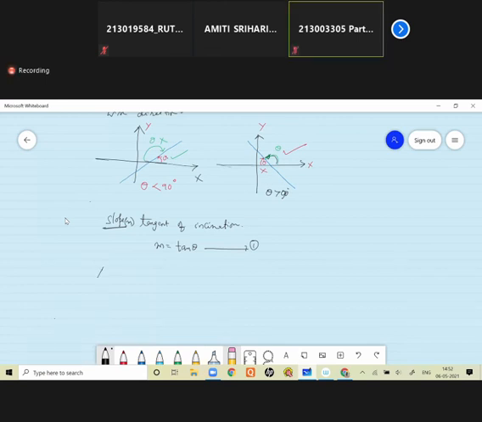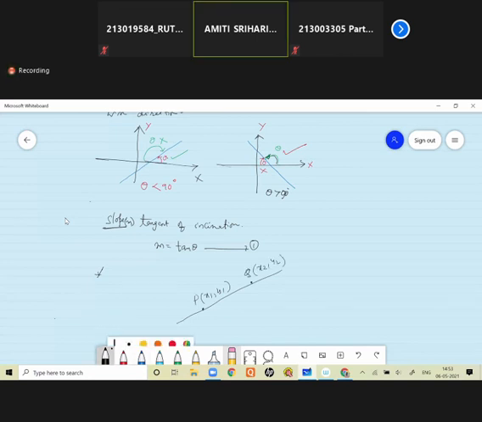Now the next thing: let two points on a straight line be given, P is (x1, y1) and Q is (x2, y2). Then slope m is the difference in y coordinates by the difference in x coordinates, y2 minus y1 upon x2 minus x1, which is dy by dx.